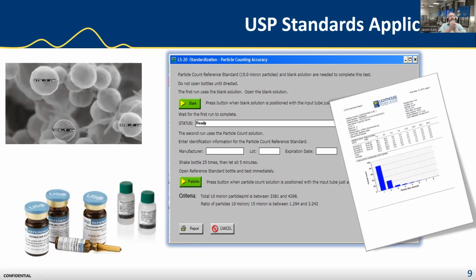So we have a metrology lab here ourselves, and we continually test even the standards that come in. We test them with a higher resolution, and normally the light blockage is around particle sizes of about 1 micron.